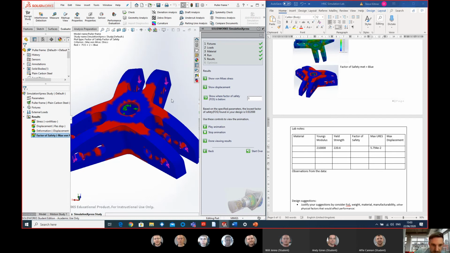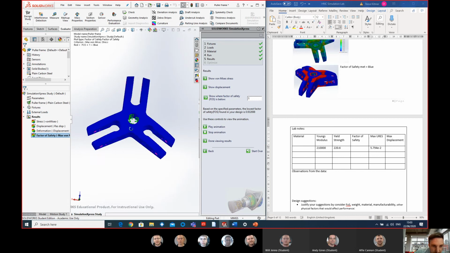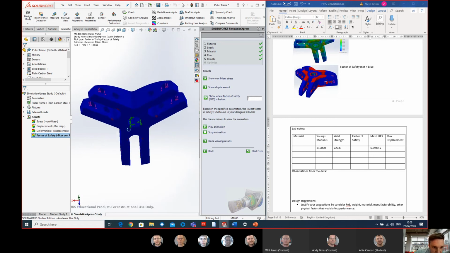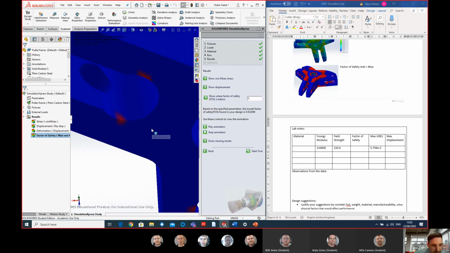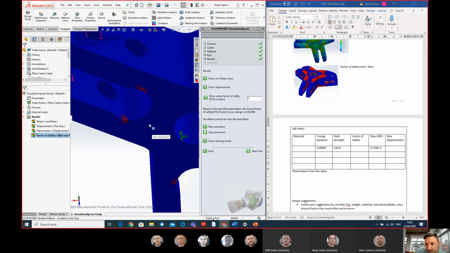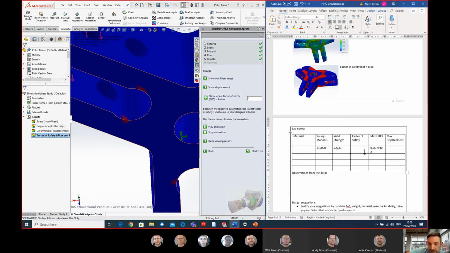Let's put 1 in, because it does say here that it's 0.9. So somewhere on this model, there it is, there's a little part of this that if we get up to putting 4,000 newtons of force on here, it's potential that these elements could start splitting. So let's type that in, 0.9.